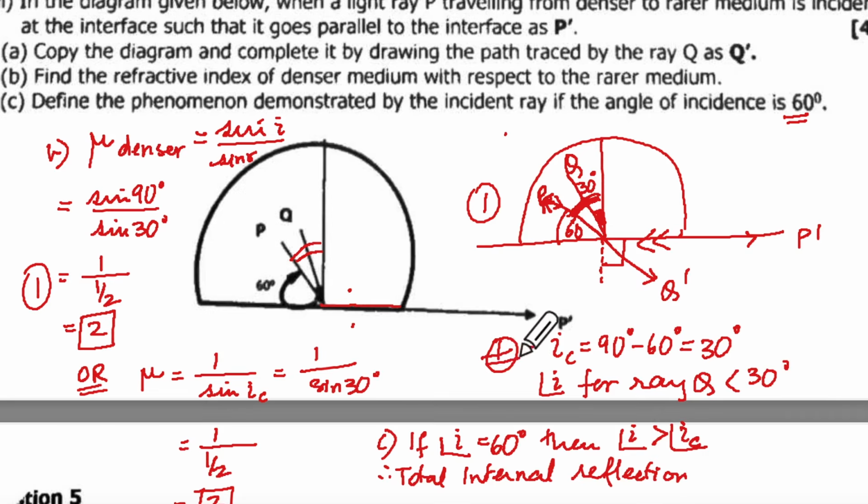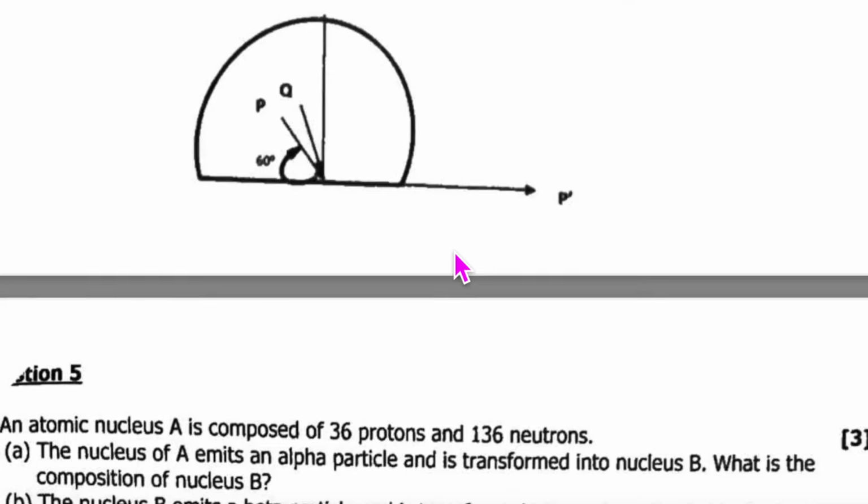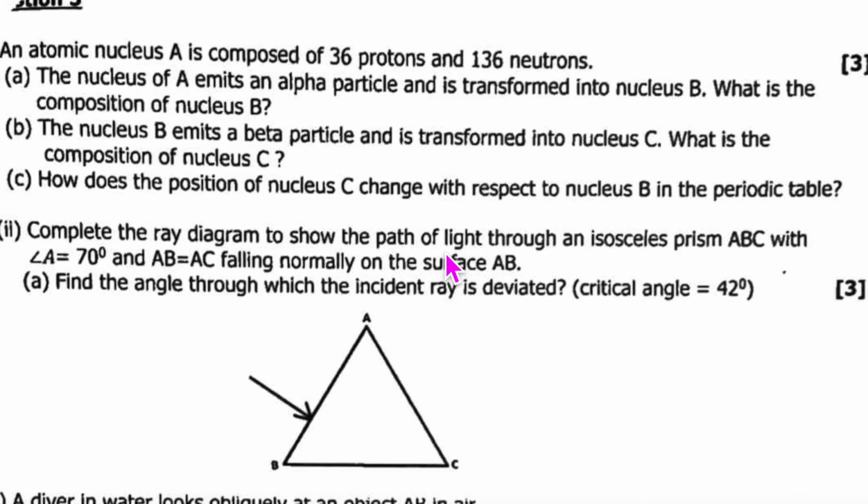I think this mark will be for that, and then 1 mark will be to define it. You have to define that phenomenon. Do you know the definition by heart? If you do not know, write it over there for homework.